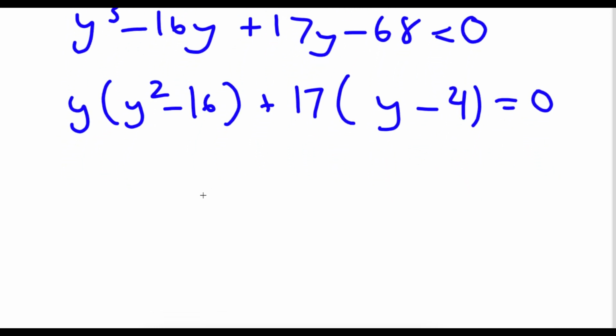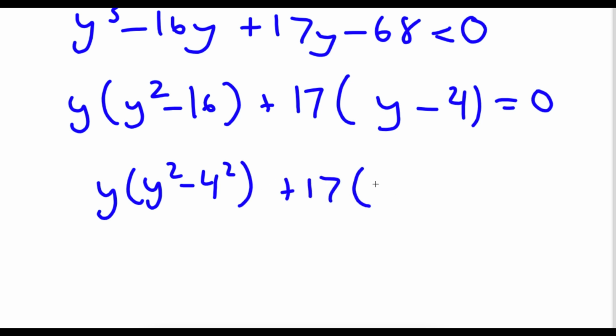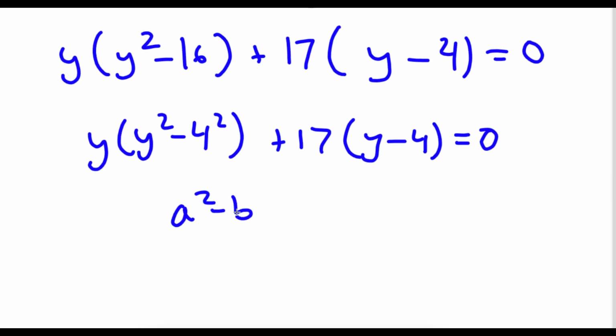So now, 16 here, this is the same thing as 4 squared. So now I have y times y squared minus 4 squared plus 17 times y minus 4 is equal to 0. And now if I have something in the form a squared minus b squared, this is the same thing as a plus b times a minus b.